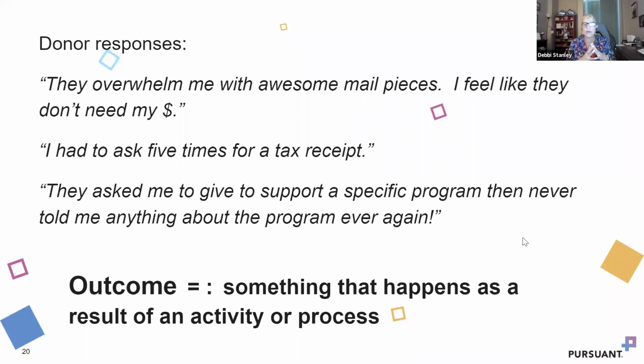An outcome is loosely defined as something that happens as a result of an activity or process. So I could say that I give to cancer because I want to help cure cancer. It's probably not the real reason I do it. I give to cancer because my mother-in-law died of breast cancer. I give to American Heart Association because my mother died of congenital heart.